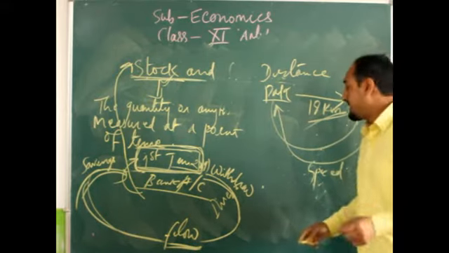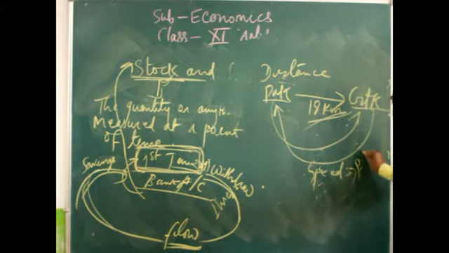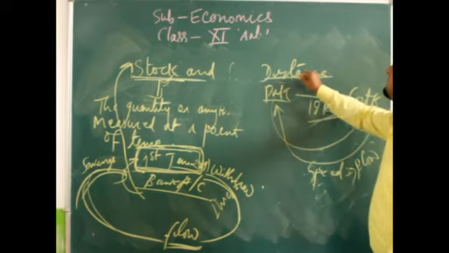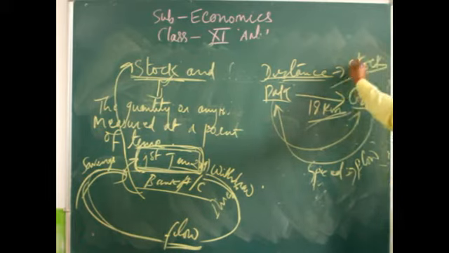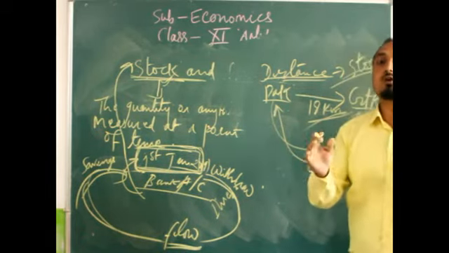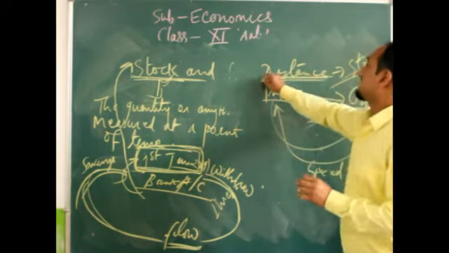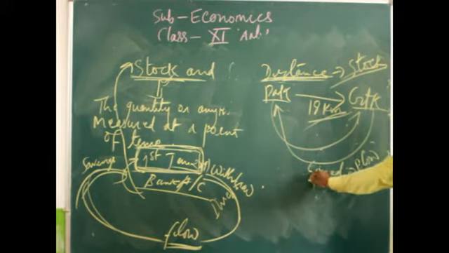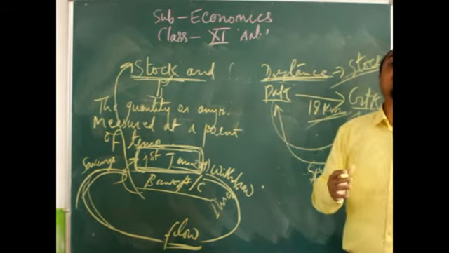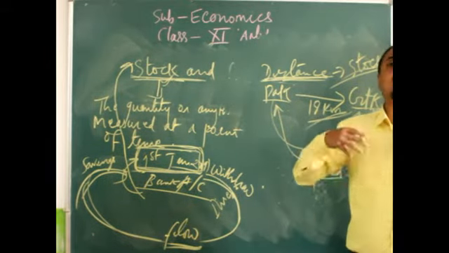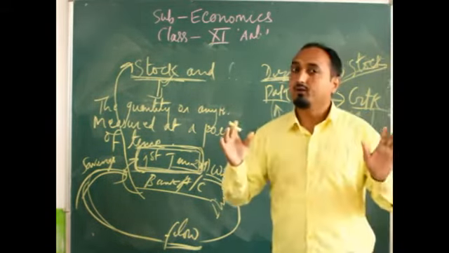So here speed is a flow variable, whereas distance is a stock variable. That remains constant over time. But speed, investment, saving, national income, GDP, exports, imports, these are all flow variables.